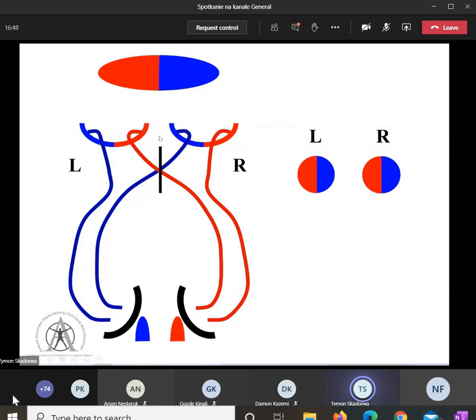Then what is being cut and what is being actually blocked is the transmission from both nasal parts of both retina. So the result for the patient will be that the patient cannot see what is registered by the nasal part of retina. So what is the visual field deficit in here? This is what the patient cannot see actually, right?